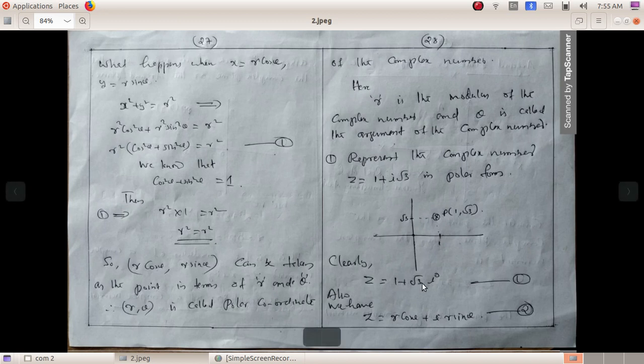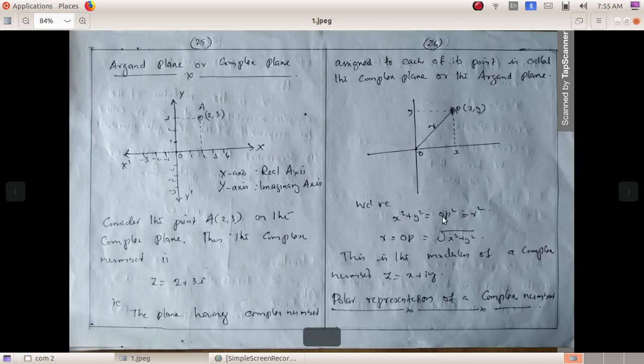Okay. What is the polar form? z equal to x plus i y, so that is r cos theta plus i sin theta. The general form of a complex number is x plus i y. What is x here, for considering the complex number in polar form? x is r cos theta, and y is r sin theta.